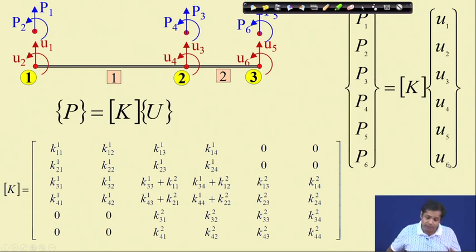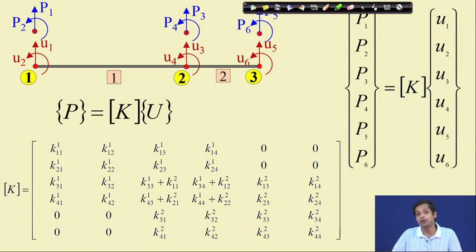Now, if you try to invert this stiffness matrix, you will see it is not invertible. This is a singular matrix, and the physical manifestation of a singular matrix is that the structure is not stable.